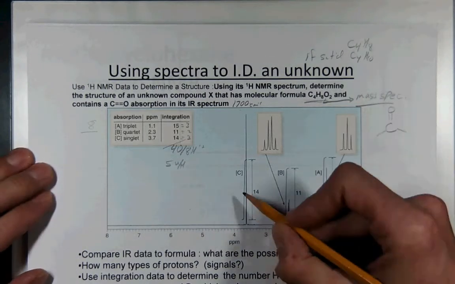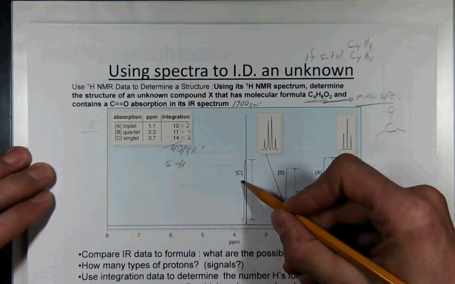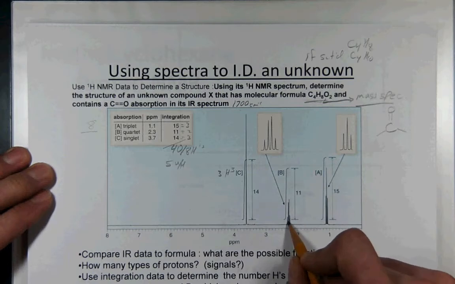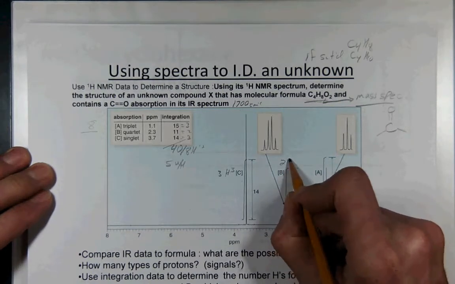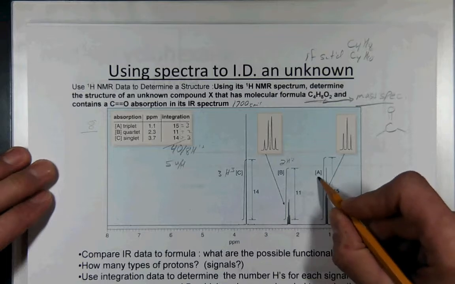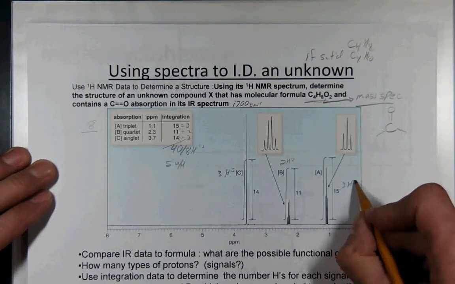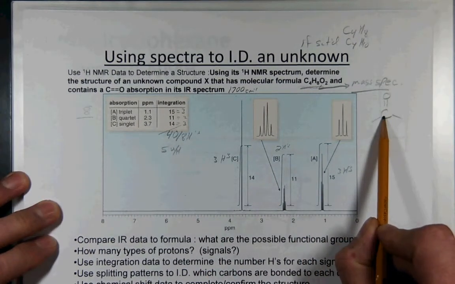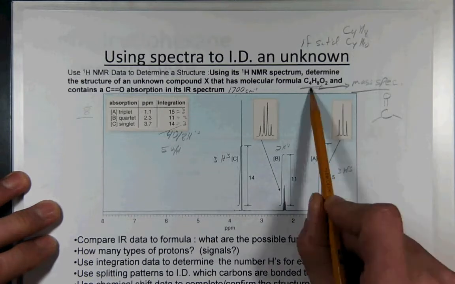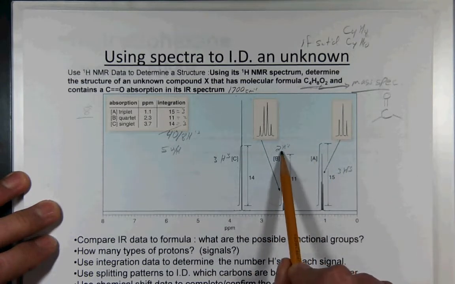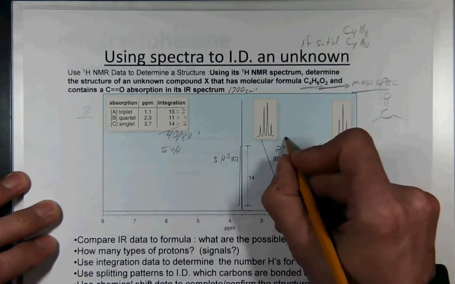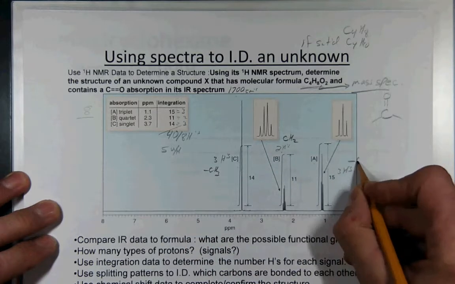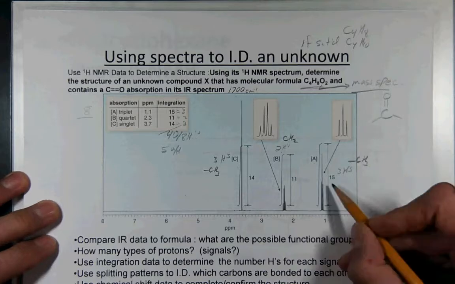So C is going to be equal to 3 hydrogens. B is going to be equal to 2 hydrogens. A is going to be equal to 3 hydrogens. So we have 1 carbon accounted for in the carbonyl. We have 3 others to deal with, and they each have hydrogen. So this is CH2, this is a CH3, and this is likewise a CH3.